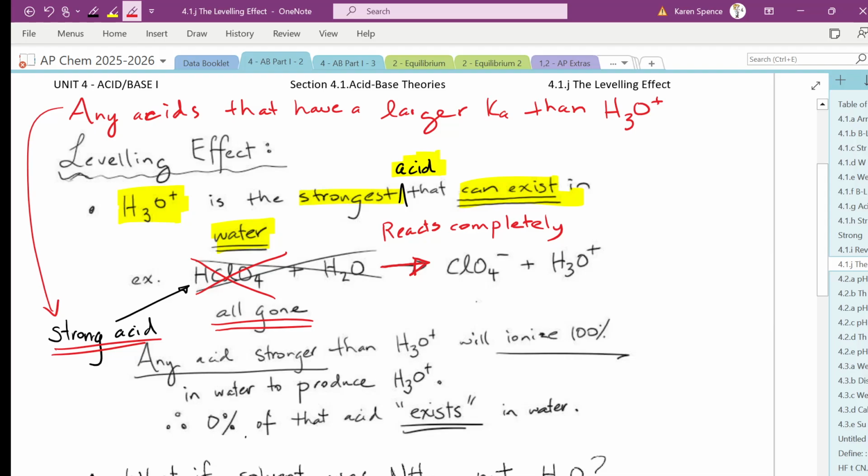So what that means is that HI may in fact have a Ka value, HI's Ka is greater than HCl's Ka.